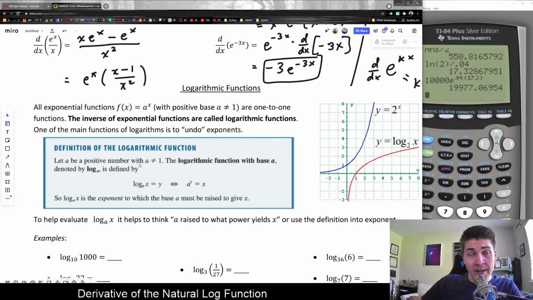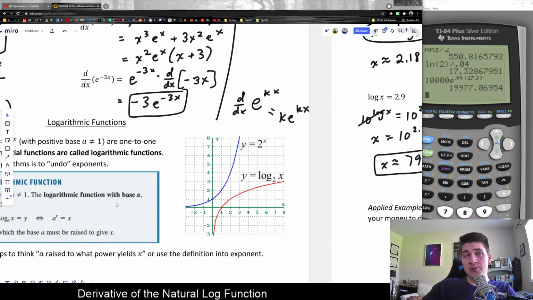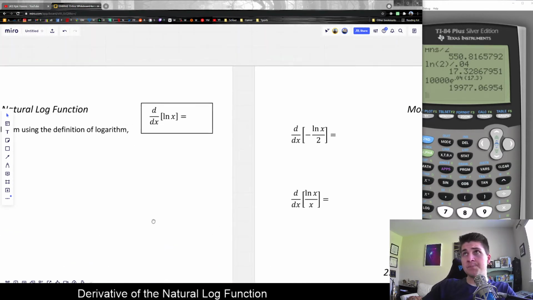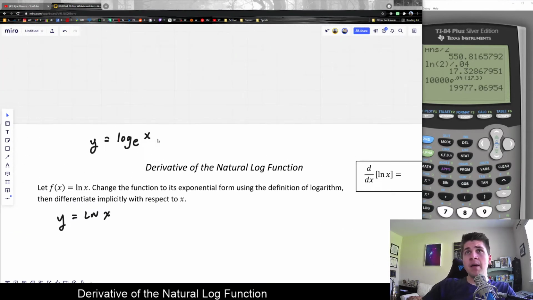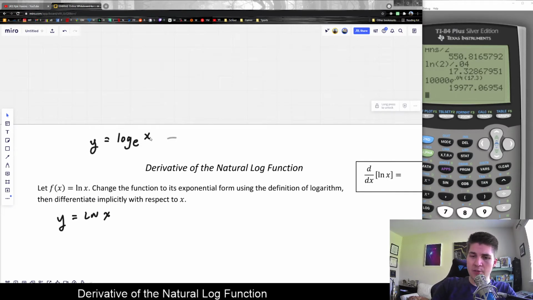Because that's the whole point of a logarithmic function, to be the inverse of an exponential. But essentially, by the definition of log, this is equivalent to the equation e to the y is equal to x. I swap the location of x and y and I change it to an exponential. This is always what a logarithm means.